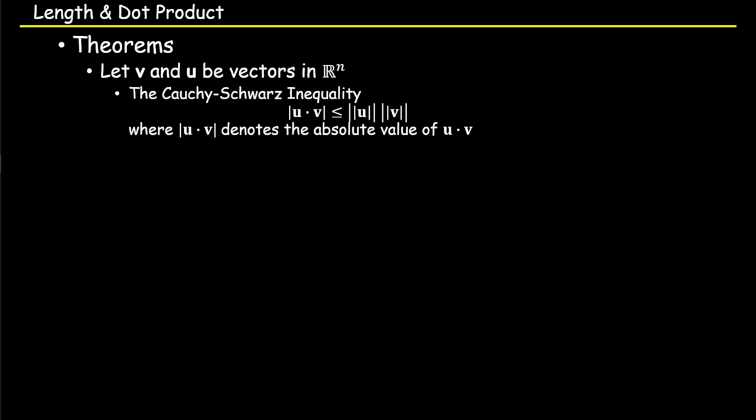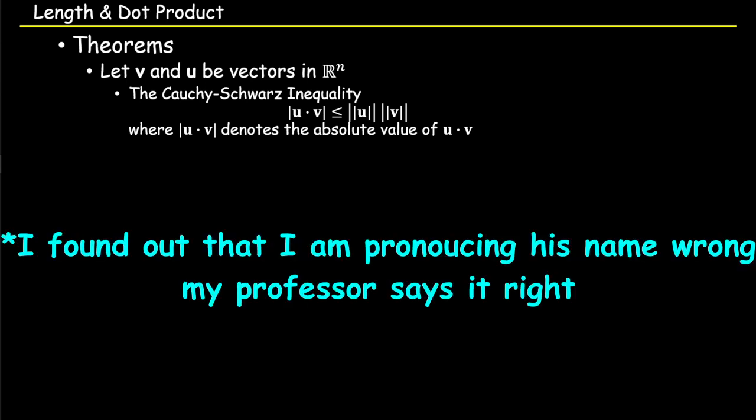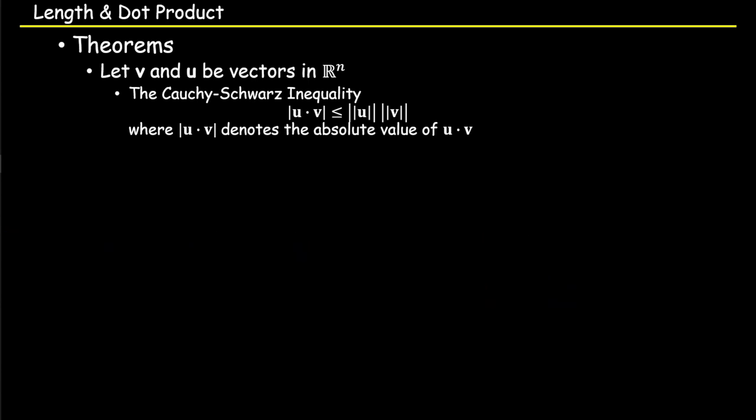I don't know, one of my professors calls it Coachy, something like that, but I'm going to call it Cauchy. The Cauchy-Schwarz inequality tells us that the absolute value of the dot product of the two vectors will always be less than or equal to the product of the length of each vector.